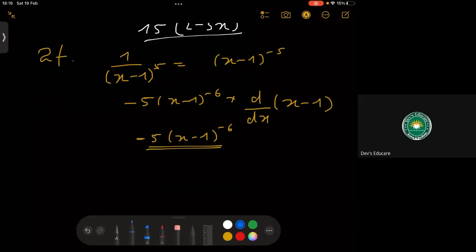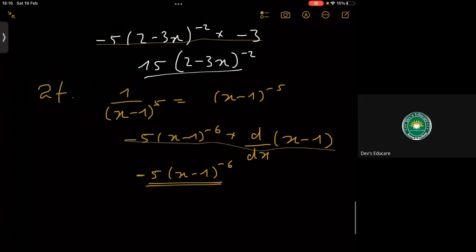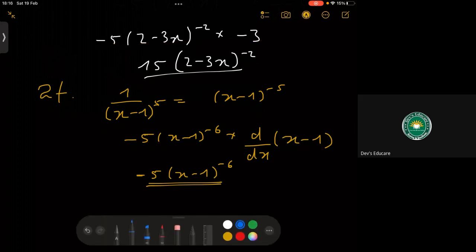Okay. So this will be minus 5, negative 5 over (x minus 1) to the power 6. Minus 5 divided by (x minus 1) to the power 6. Sir, where?